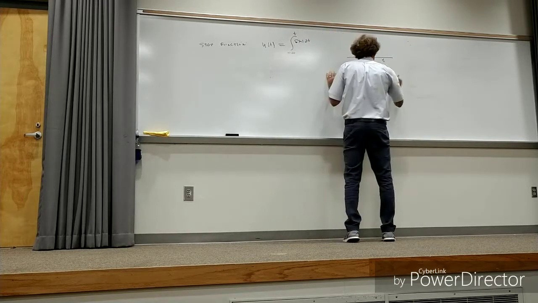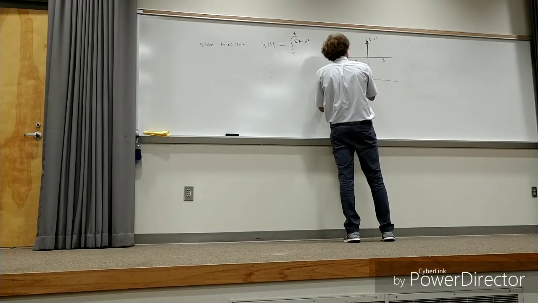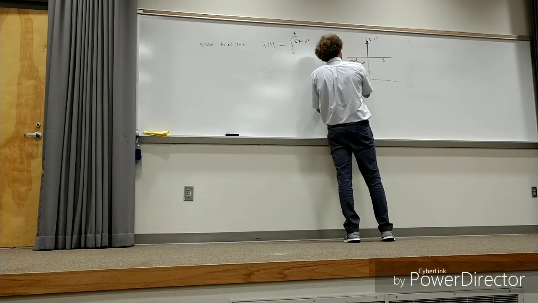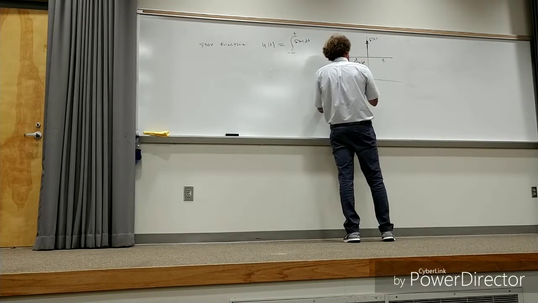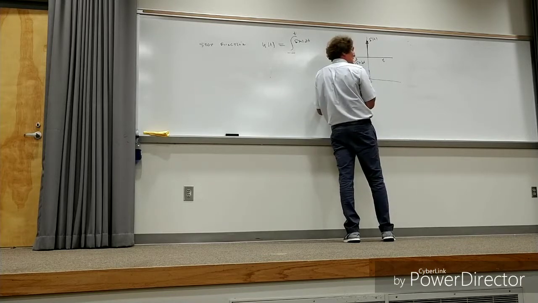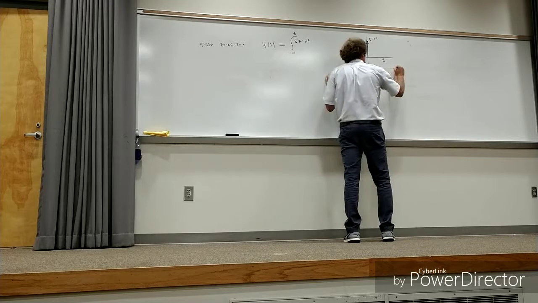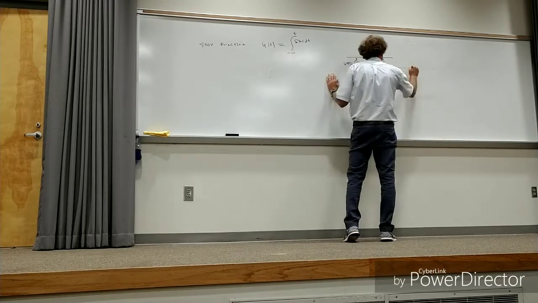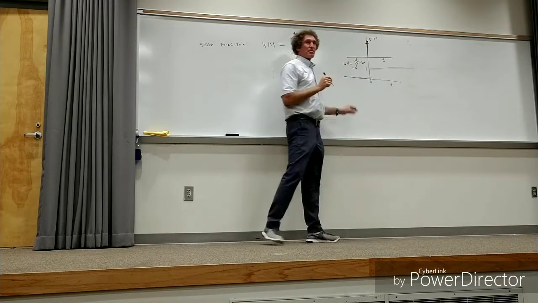So if I plot the integral from minus infinity to t of delta t dt, that's u of t, then I get 0 until I hit the point where the delta function goes to infinity, and then I have a value of 1 after that. Do you all see that?